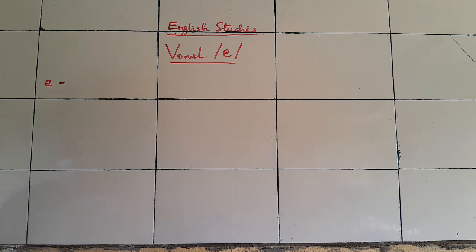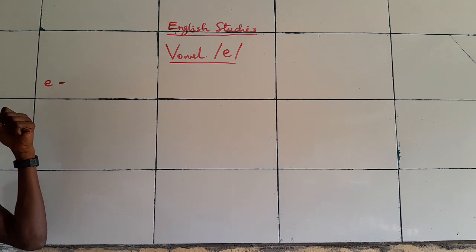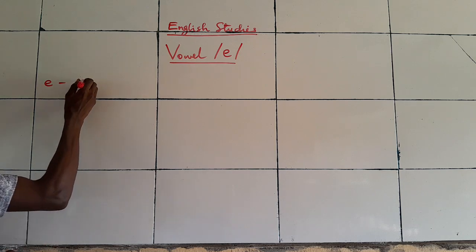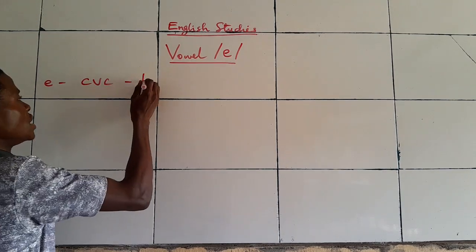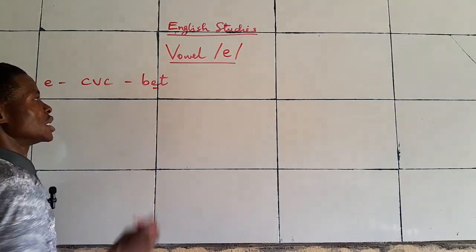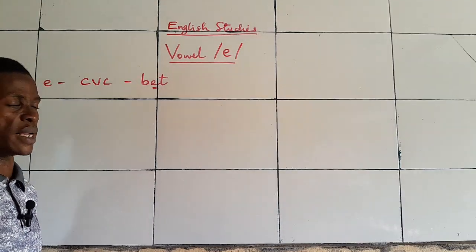The letter E that will be used is different from the letter E that was used in vowel number 1. This one will follow the rule CVC, like we have BET. When you pronounce it, the word will not be beat, it will rather be pronounced as bet.